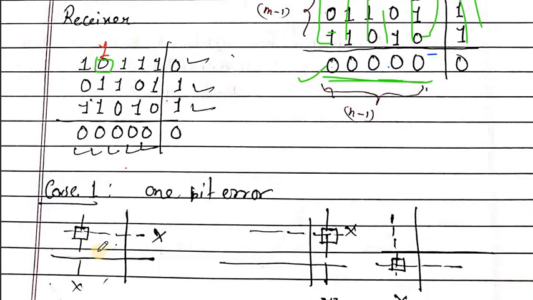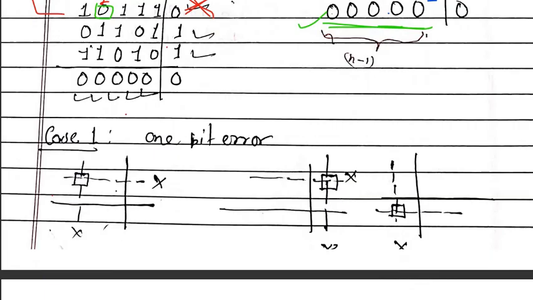The receiver end will process the matrix and check whether the parity bits are balanced or not. So in the first row, there is an odd number of ones, but the parity bit is 0. So the receiver will conclude this is a corrupted bit. So how will the receiver end correct this bit?